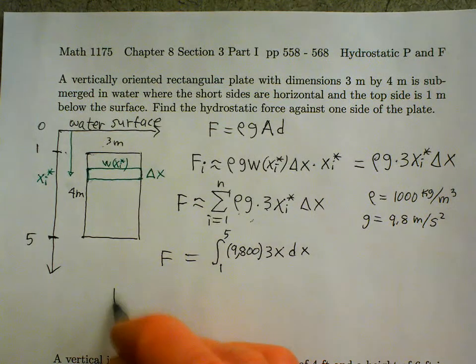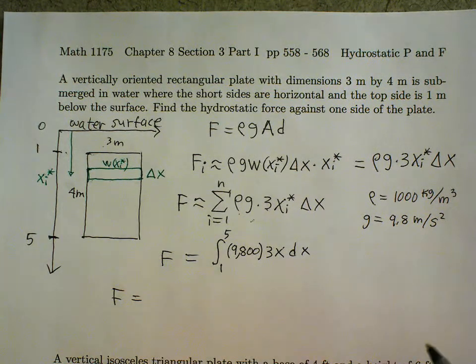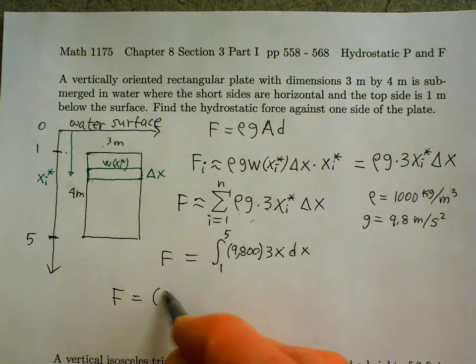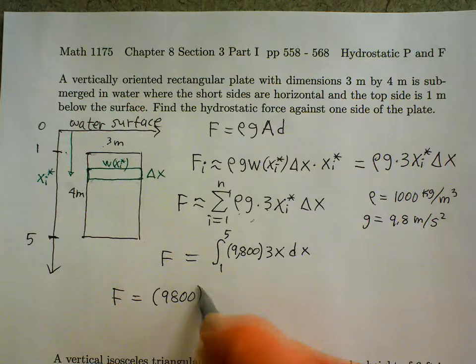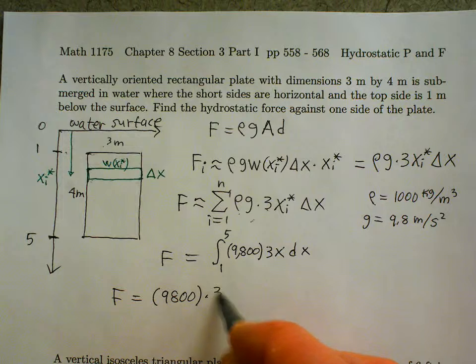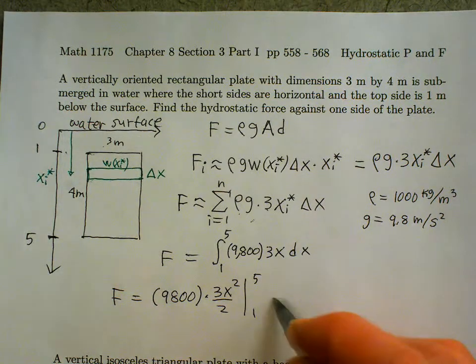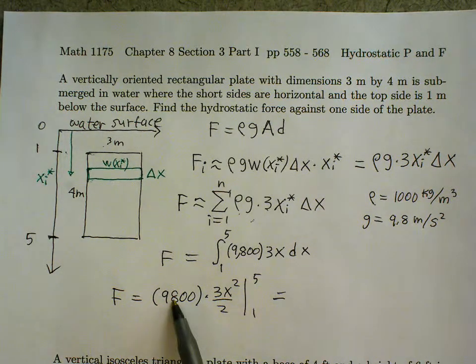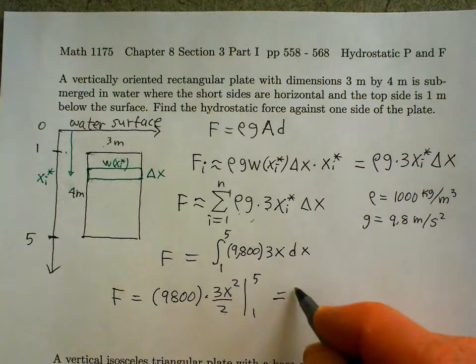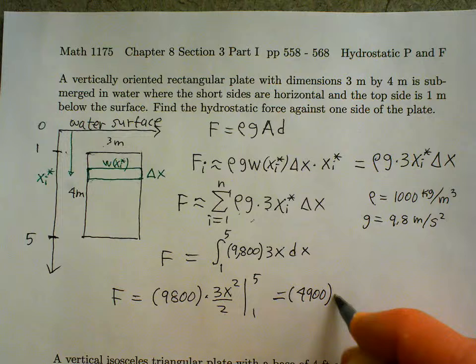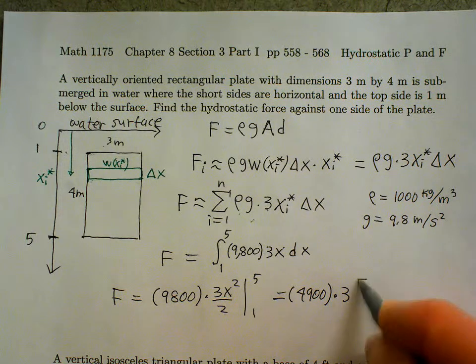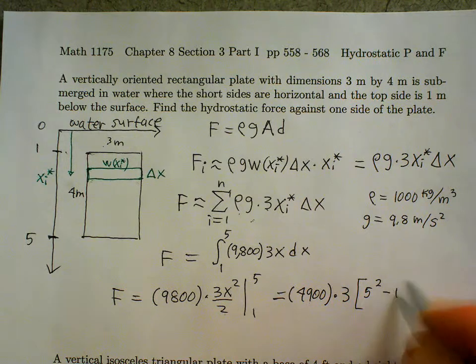Okay, so let's take this a little further. 9,800 times 3x squared over 2 evaluated from 1 to 5. 9,800 divided by 2 is 4,900 times 3, and then 5 squared minus 1.